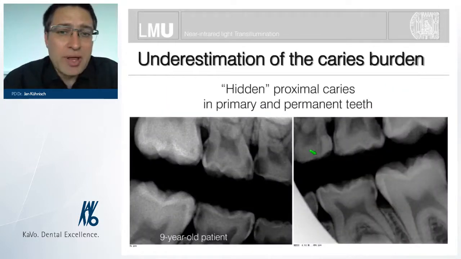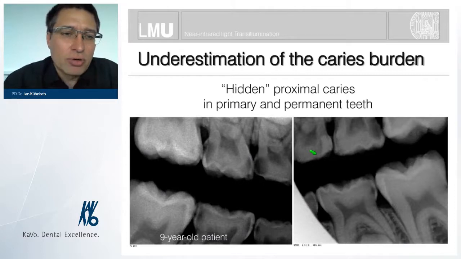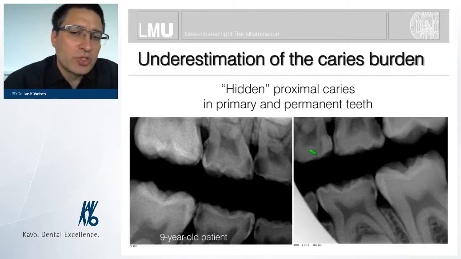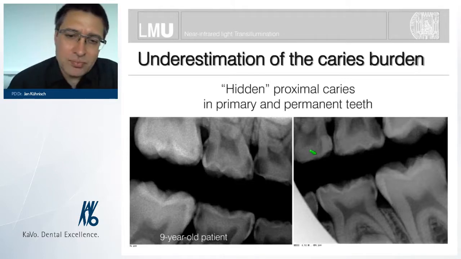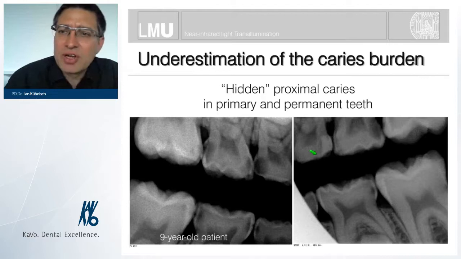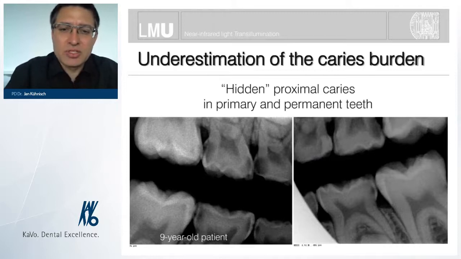This means that we underestimate the caries burden if we are using visual examination alone, and this is illustrated by this X-ray. I have the opportunity to use a pointer, but I can't see it so far, so I will tell you without the pointer.